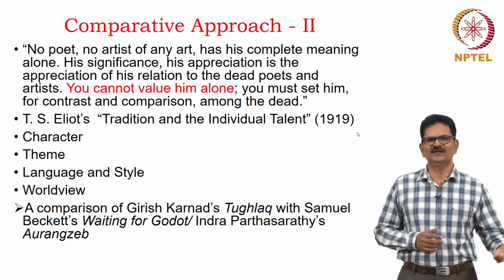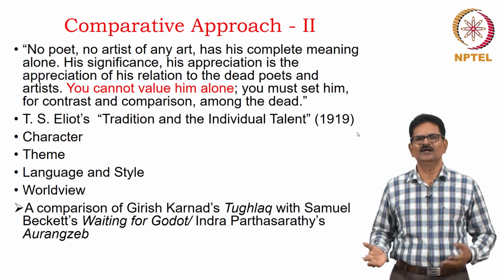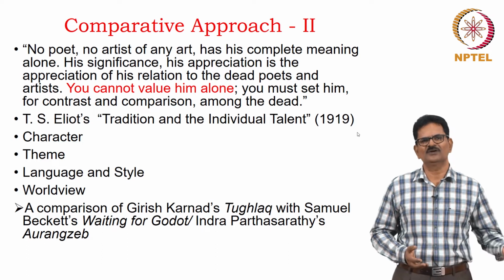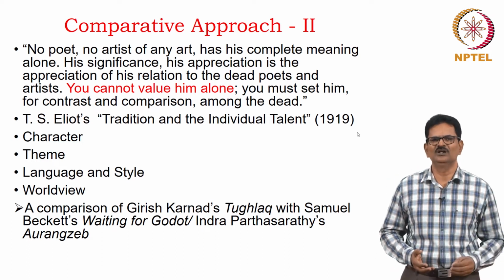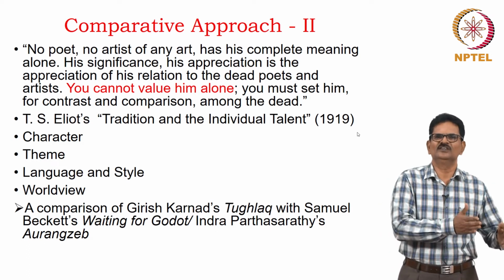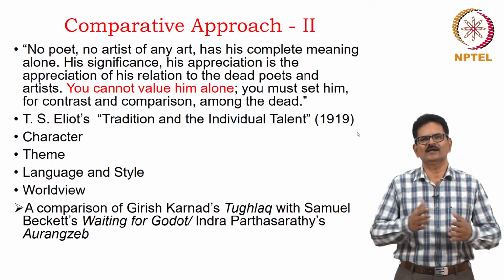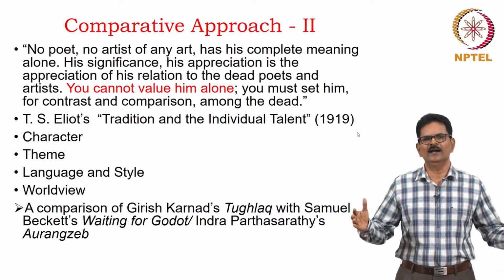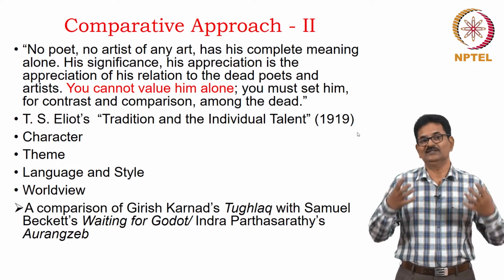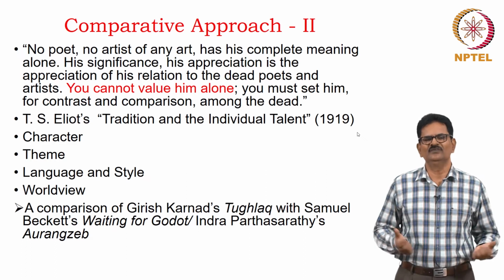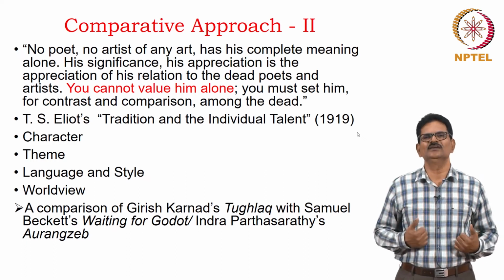We can also compare Tughlaq with another play by Indra Parthasarathi called Aurangzeb from Tamil literature, which is also available in English, because Aurangzeb and Tughlaq are part of Indian history. We can understand how they ruled their country and how people lived in that time and how we are related to them and how they are relevant to us even today.